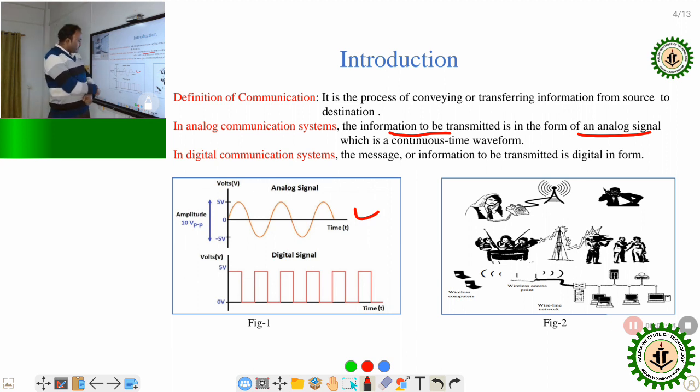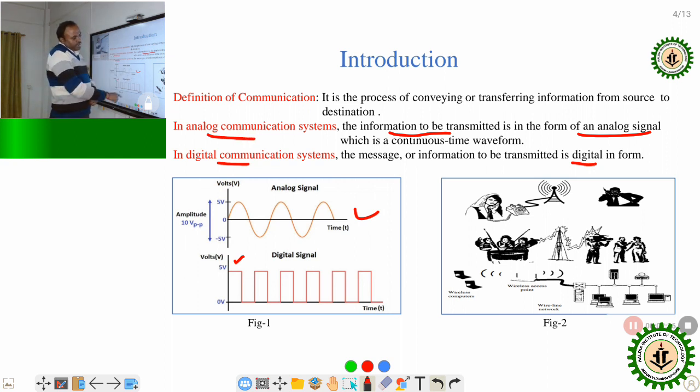But in the case of a digital signal, the amplitude is fixed for some time instant. When you send the signal in digital form, the communication system is called the digital communication system. But we will only focus on the analog communication system for this lecture.